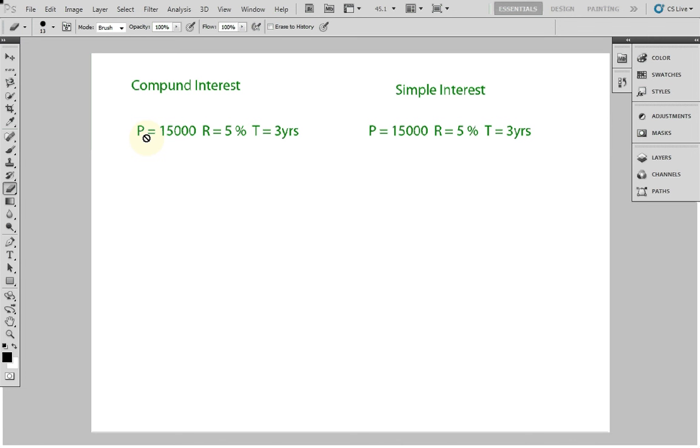For the second year, the interest will be r plus r into r by 100. Let me explain. Here, as you all know, r into t is 5 into 3, which is nothing but 15%.